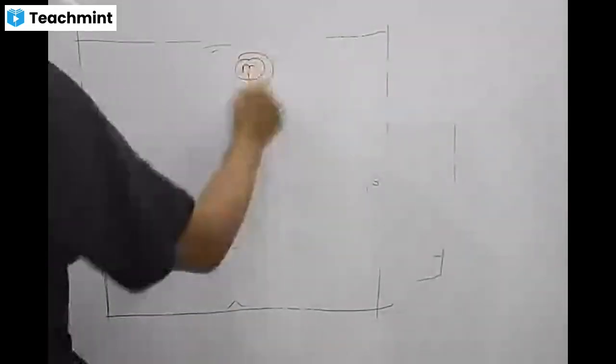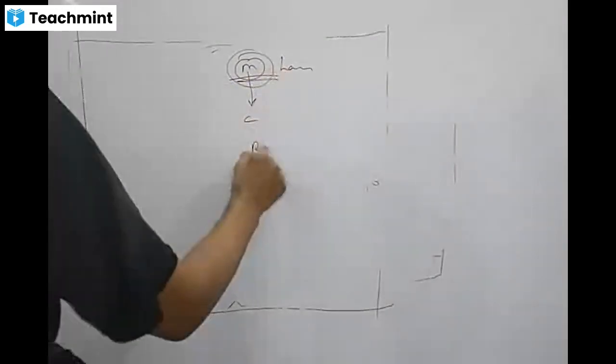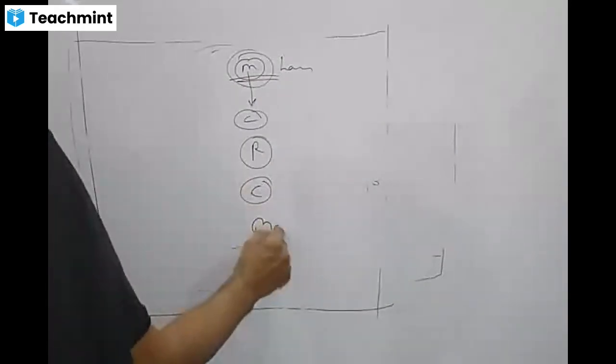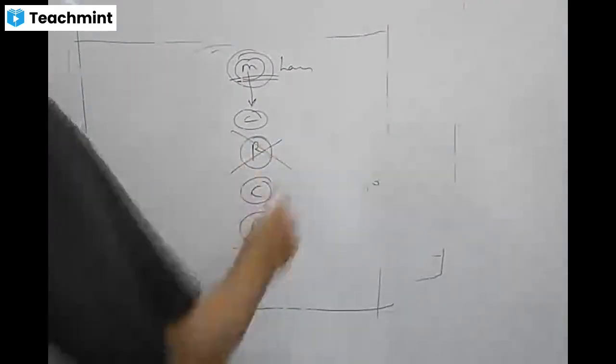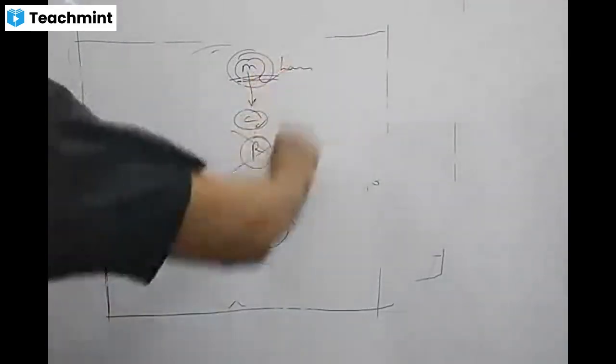So the larval stages were Miracidia, then Cercaria, then Metacercaria. But in the case of Dicrocoelium dendriticum, one is absent. All other stages are present.